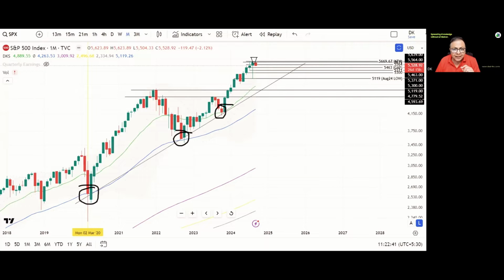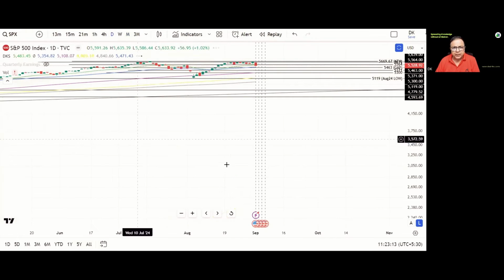So unless the market falls vertically, there should not be a very significant fall, because usually the market makes the wave formation and the structure would be lower highs and lower lows. So I still believe that 5,119 is a good support. Unless that level is broken down, the market sentiments, or I would say the expectation, will not change in the broader market. Now let us straight away go to the daily price chart.